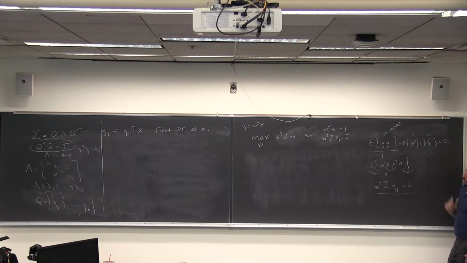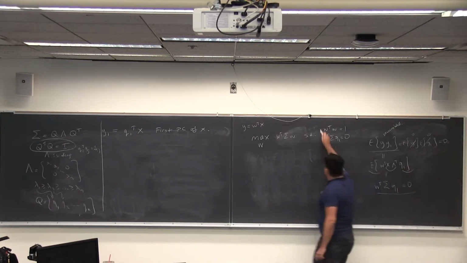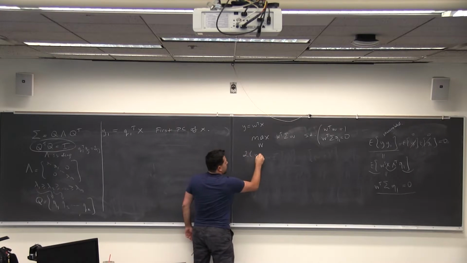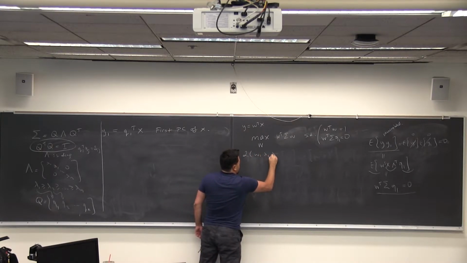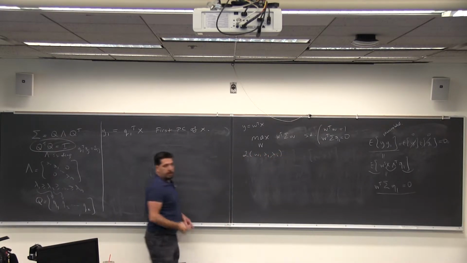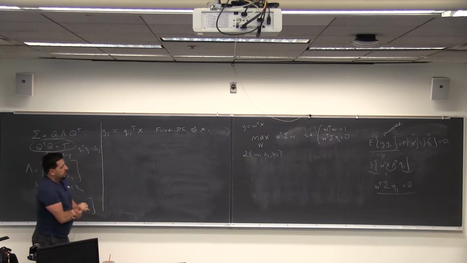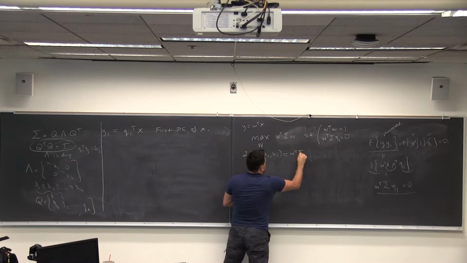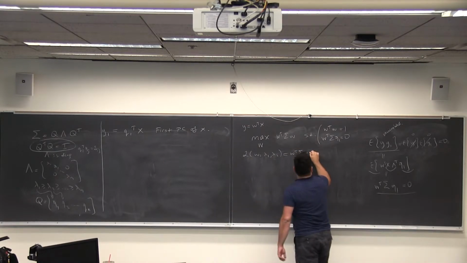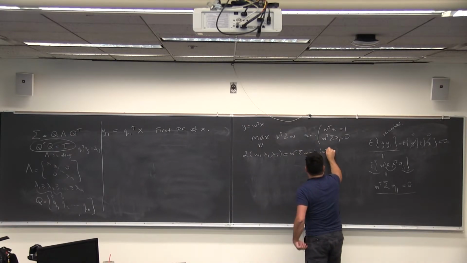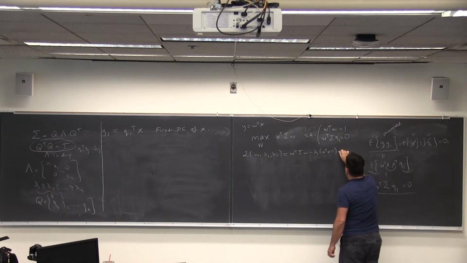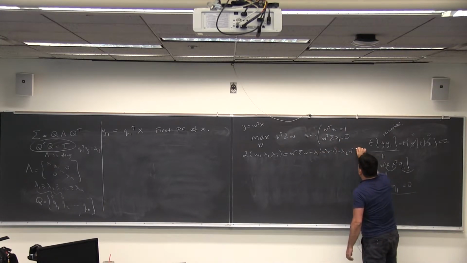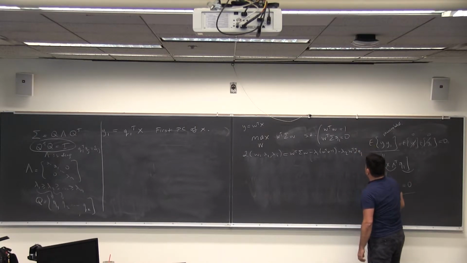Okay, so let's write the Lagrangian. Now I have two constraints, so there will be two Lagrange multipliers, lambda 1 and lambda 2. The Lagrangian is W transpose sigma W minus lambda 1 times (W transpose W minus 1) minus lambda 2 times sigma Q1 transposed with W. This is already in standard form. So that's my Lagrangian.